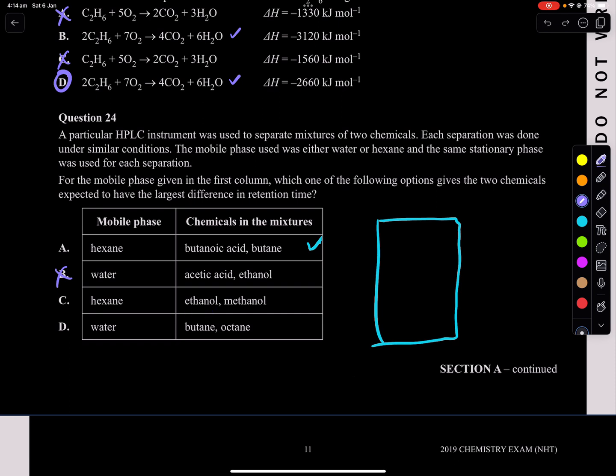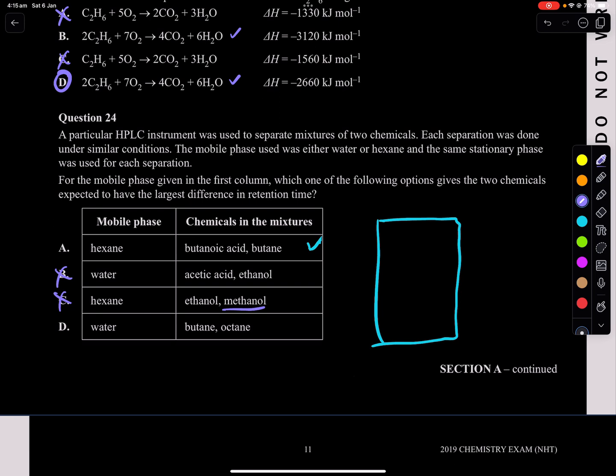Ethanol will be much more attracted because it has a longer non-polar group. So it'll be on here, whereas methanol is much more strongly polar because it has a meth group, so hexane will go more down than ethanol. But still the difference is very small, so that's still wrong.